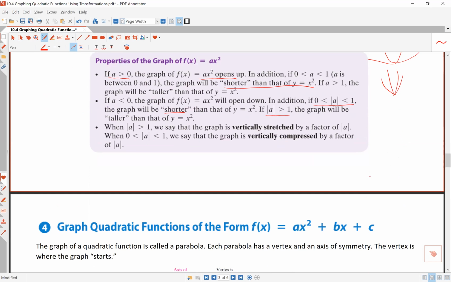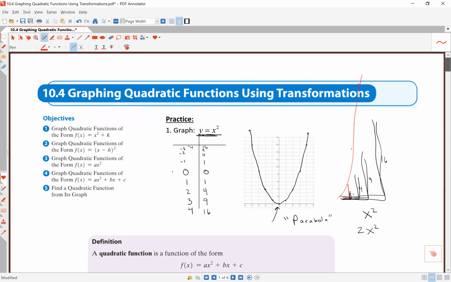And this concludes the video for section 10.4, graphing quadratic functions using transformations. Objective 3, graph quadratic functions of the form f of x equals ax squared.